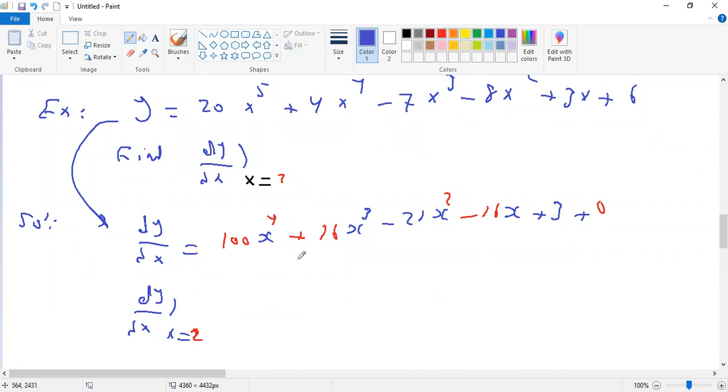So equal to 100 x, and the x is replaced by 2, with the power 4.